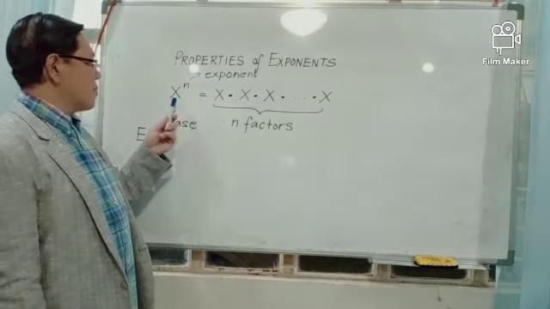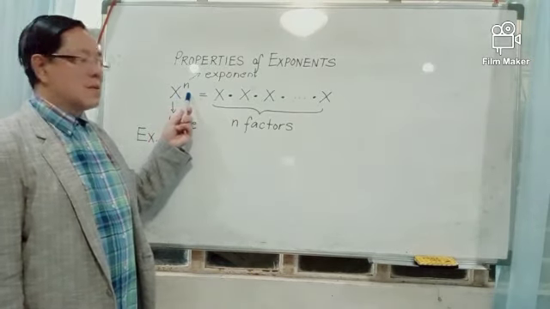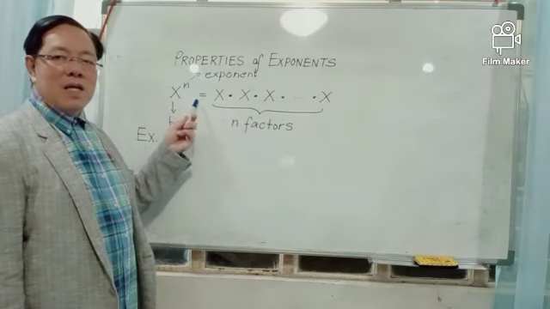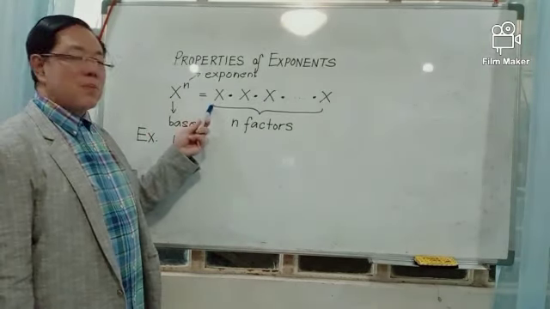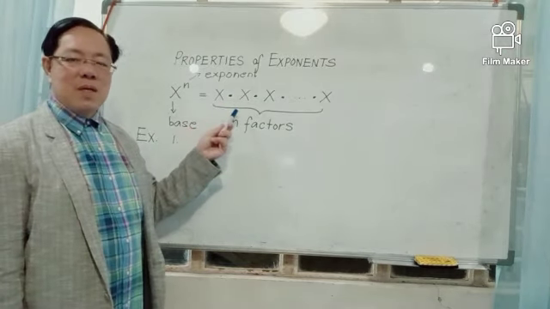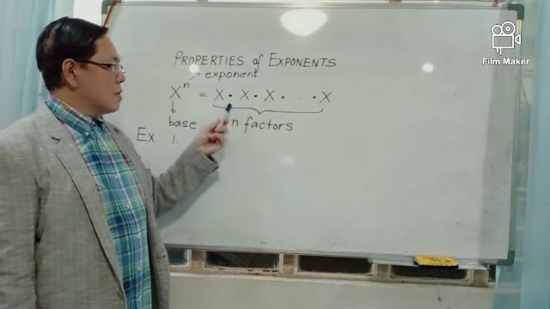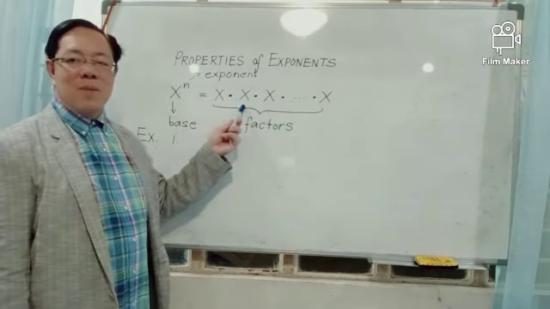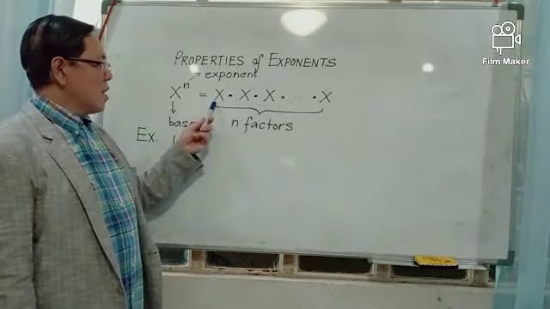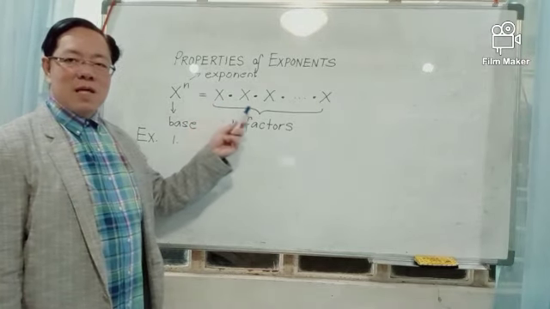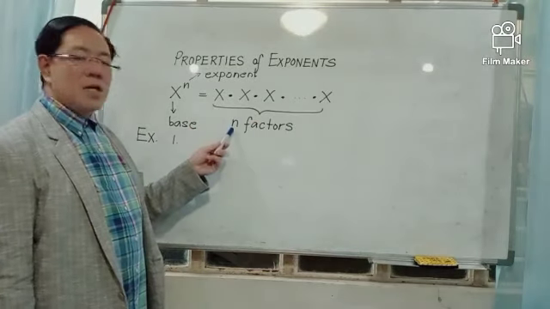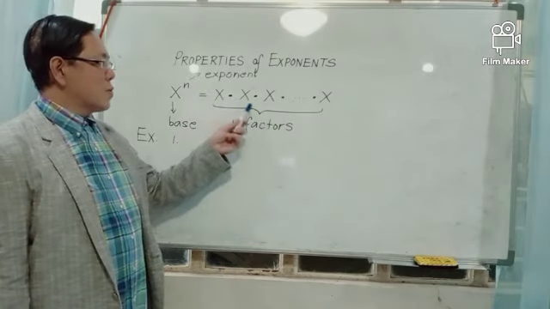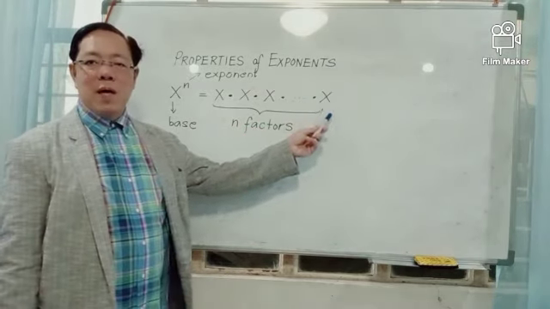If you count the number of x's at the right hand side, you should have n factors of x. 1, 2, 3, up to n.